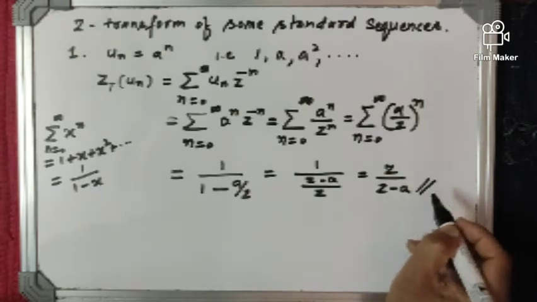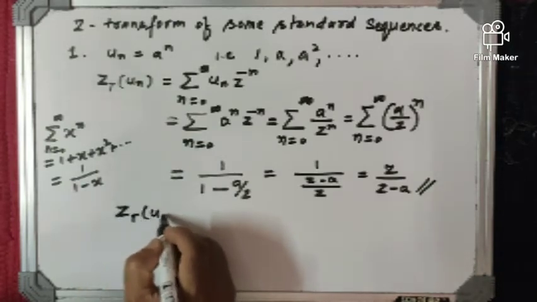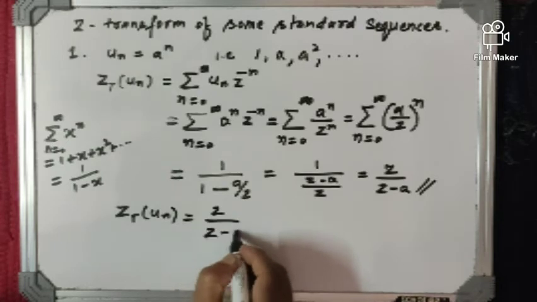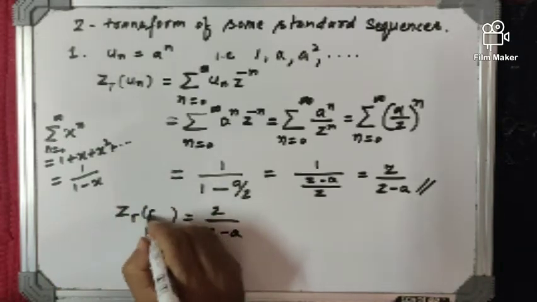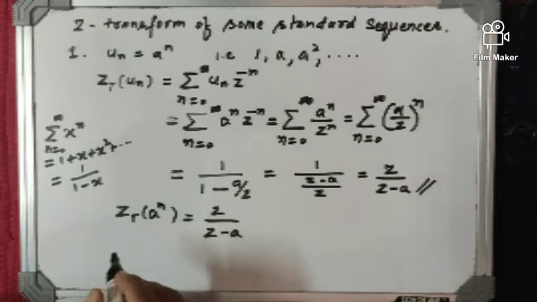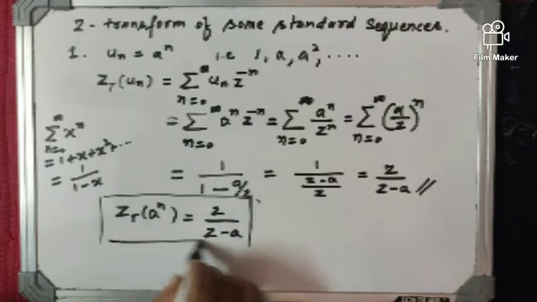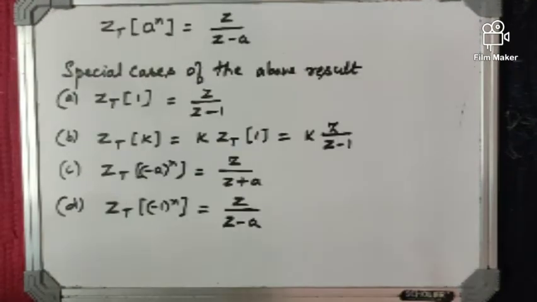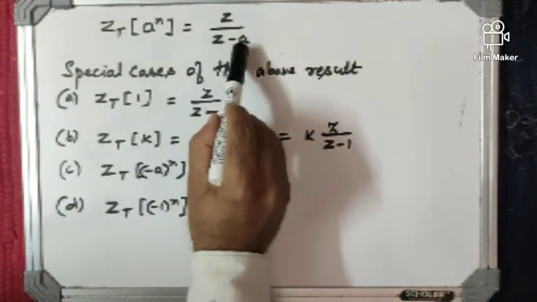So therefore Z transform of un is equal to z by z minus a. Un means a power n. So Z transform of a power n is equal to z by z minus a.